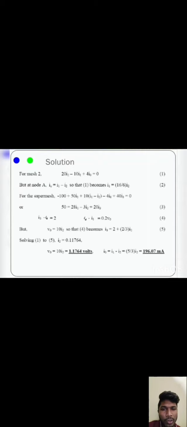By solving these equations we get I2 is equal to 0.11764, and V naught is equal to 10 I2, that is 1.764 volts, when I naught is equal to I1 minus I2, that is equal to 15 by 3 I naught.